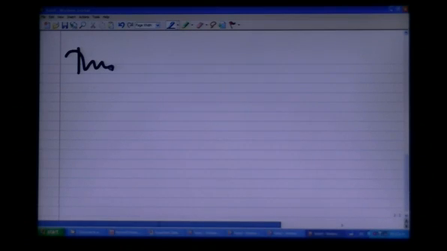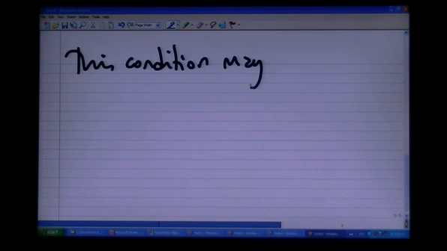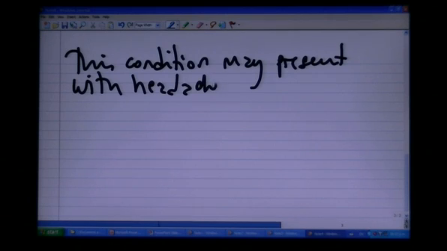This condition may present with headaches. This is a doctor telling something to the patient. This condition may present with headaches. What would that be? Anybody want to give it a trial?